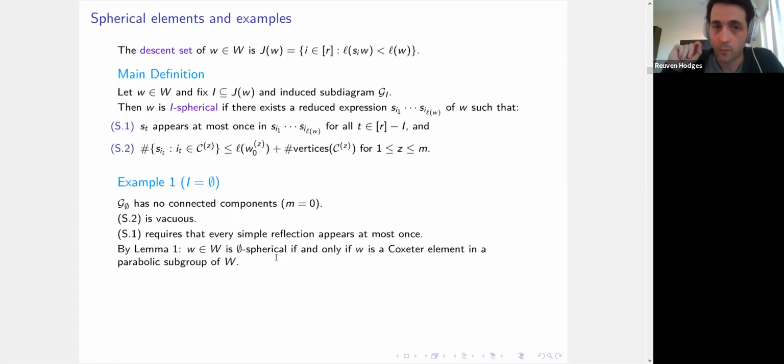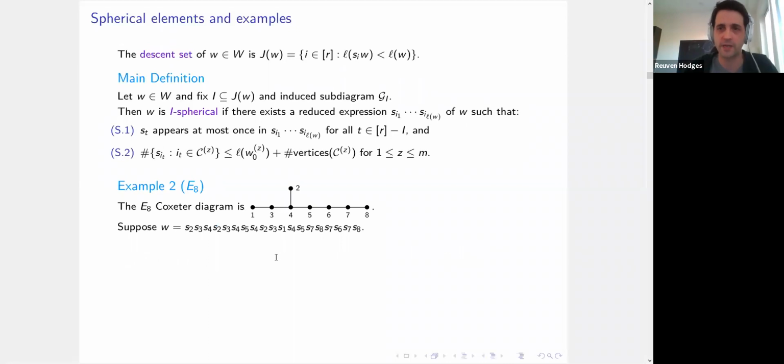When I is the empty set, it really is genuinely just saying it should be a Coxeter element, or at least a Coxeter element in some parabolic subgroup. And what's going to happen now is we're going to make I larger. Now some simple reflections can appear more than once, but they can't appear too often. Okay, so that's the sense in which this is a generalization of Coxeter elements.